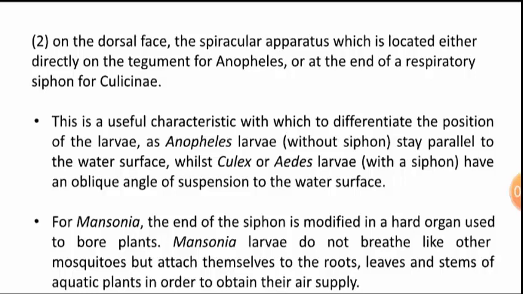For Mansonia, the end of the siphon is modified into a hard organ used to bore plants, and Mansonia larvae don't breathe like other mosquitoes, but attach themselves to the broad leaves and stems of aquatic plants in order to obtain their air supply.